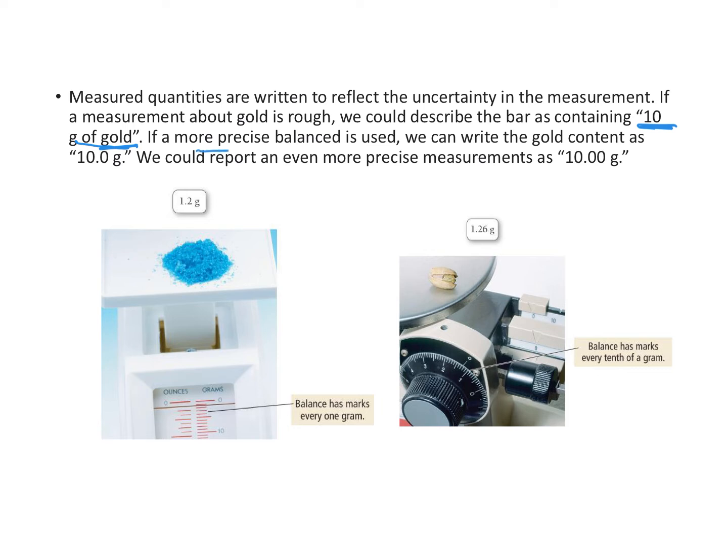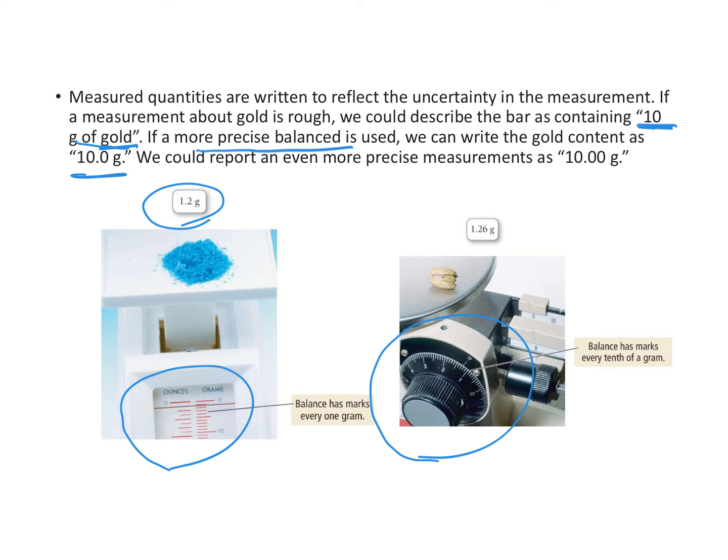If we use a more precise balance, we may report it as 10.0 grams, like here. The scale is a little more accurate or precise. And if you have another scale that is even more accurate, we may measure it as 10.00 grams. So depending on the scale or measuring device that we're using, we can have different levels of accuracy.